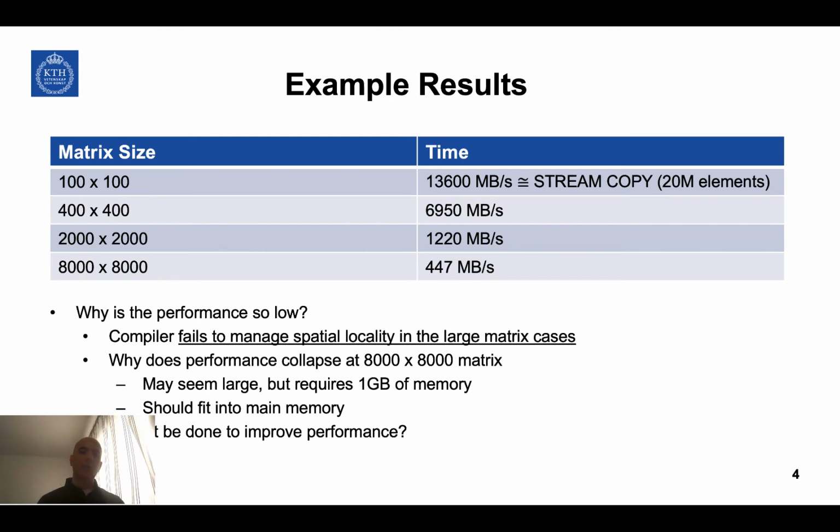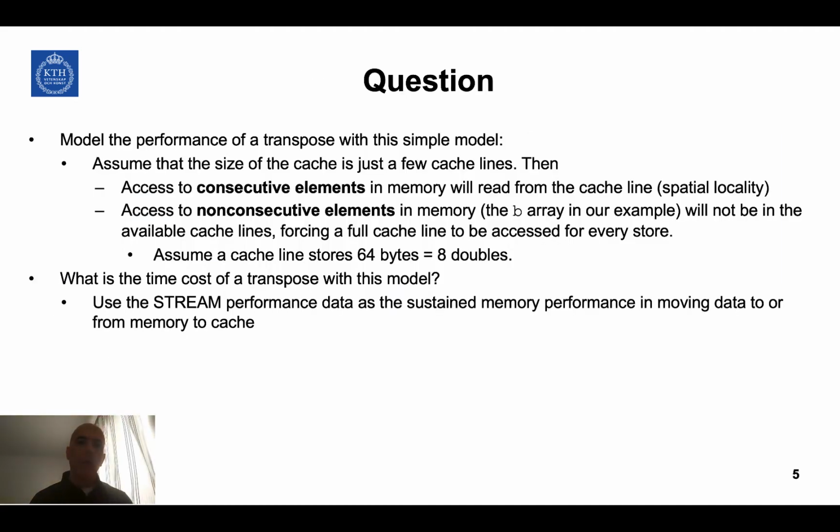So the question we are going to tackle in this lecture is what might be done to improve the performance. The question is about how we are going to model the matrix transpose operation. We are going to model the performance of the transpose with this simple model. First, we assume that the size of the cache is just a few cache lines.